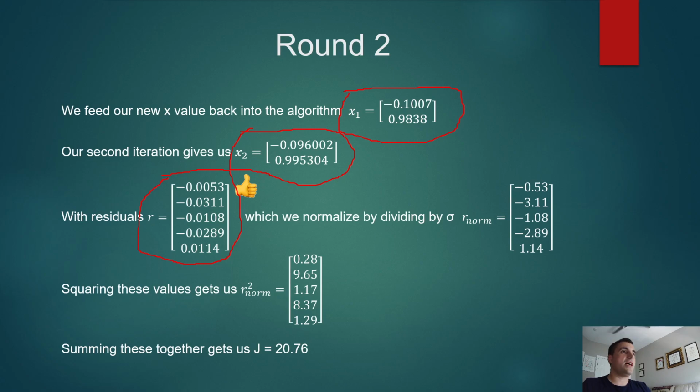So we then normalize these residuals by dividing by the standard deviation, and we get this. Then it's the sum of the squares, so we square all of our normalized residuals and get this. We add them all together, and we get J equals 20.76.